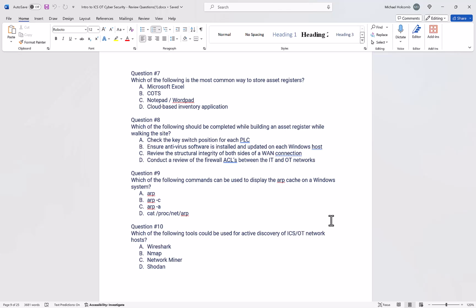Remember, run mode is not a silver bullet. It doesn't necessarily mean the PLC is 100% protected from being remotely manipulated. Maybe it does, maybe it doesn't. Depending on the models, you have to be very, very familiar with the models of PLCs.